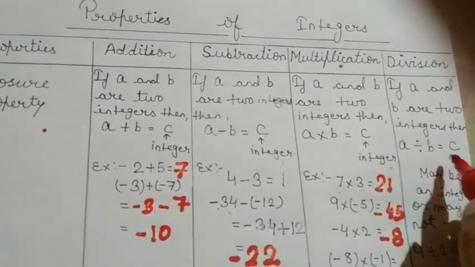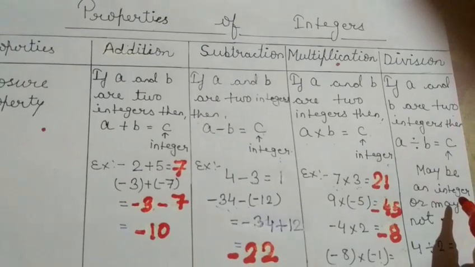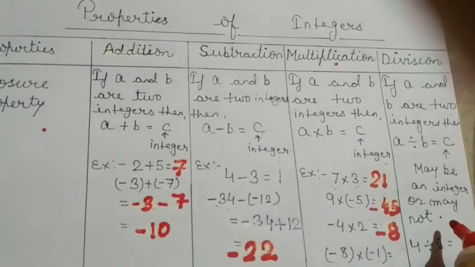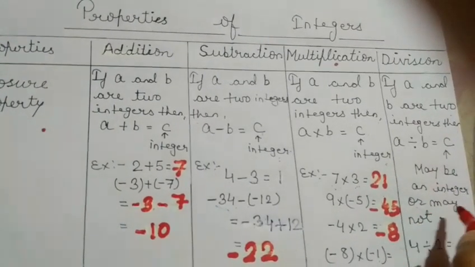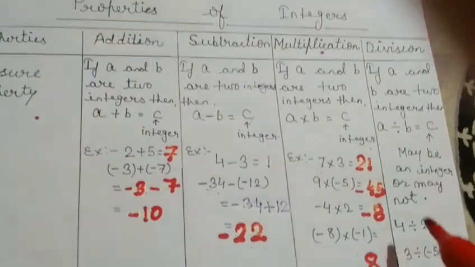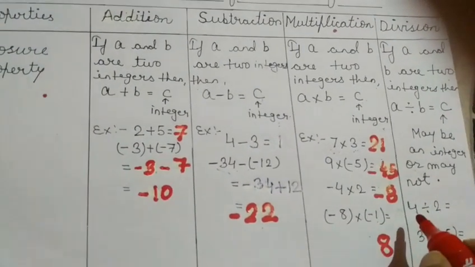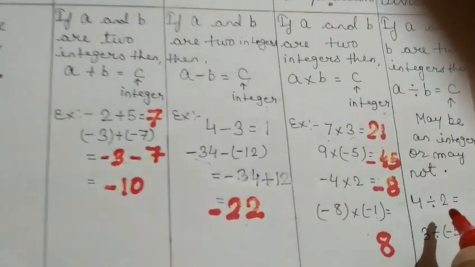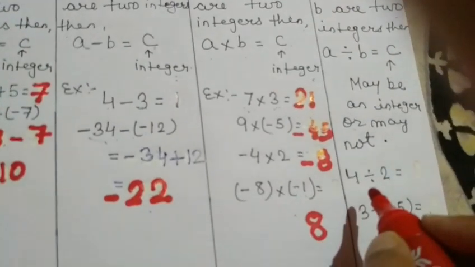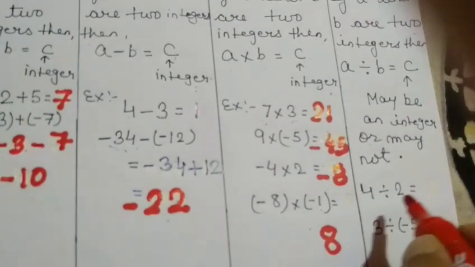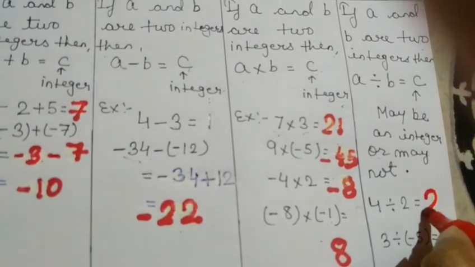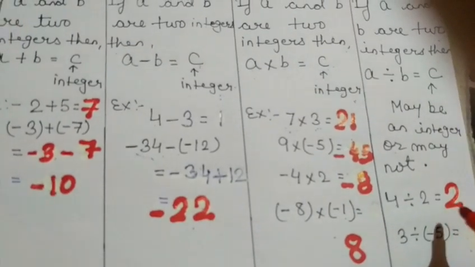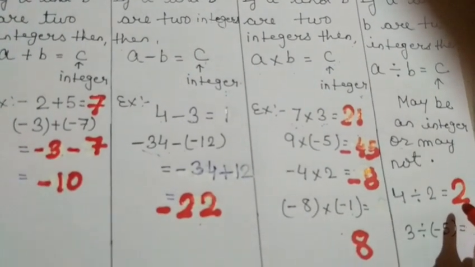In some cases, quotient may be an integer, but in some cases it may not. Just we will check here by examples. So I take two integers, both are positive. Whole divide by 2. So 2, both are positive. So resultant, that means quotient also be positive. And 2 is an integer.